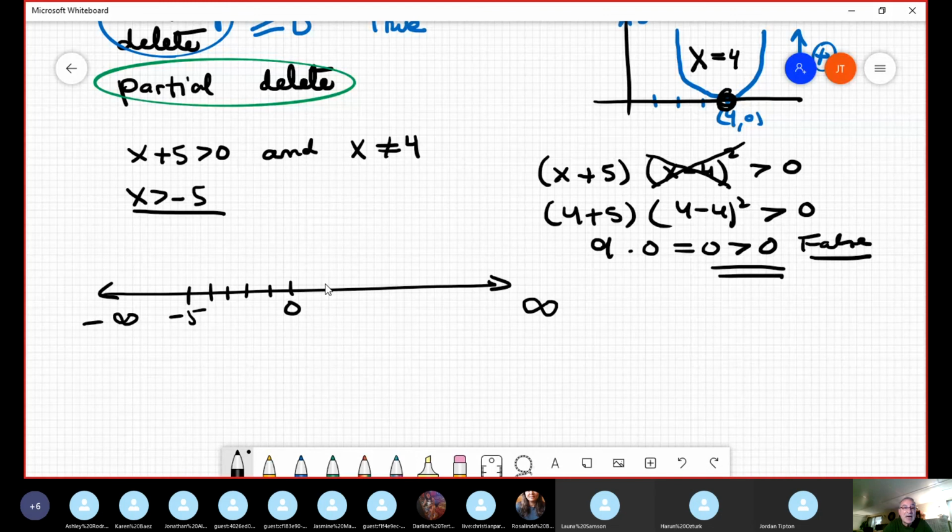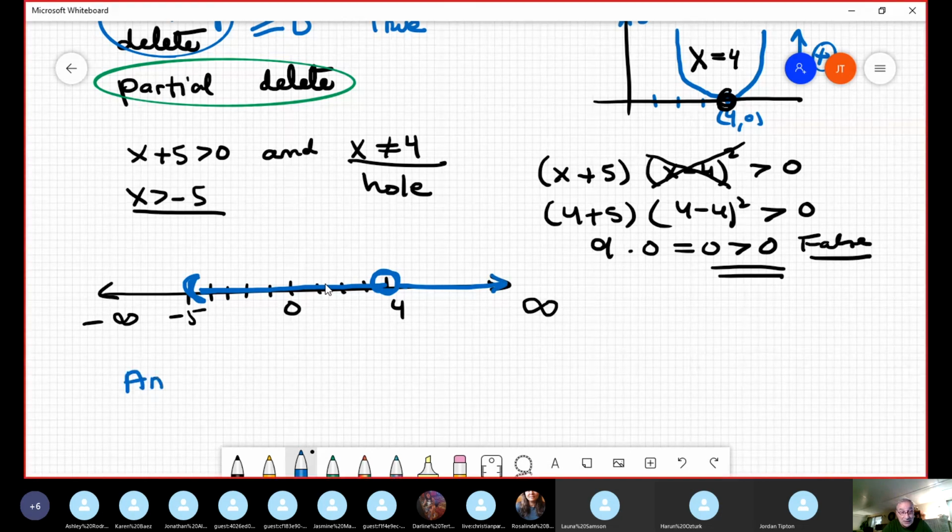I highlight to the right, but what happens at 4? At 4 we have a hole. So the solution, let me show you in blue, with a parenthesis not including -5. You highlight that part, but at 4 we have a hole, and this continues forever.